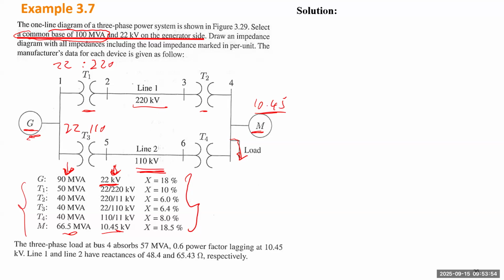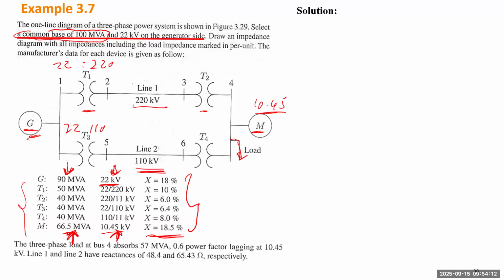Those are the per unit values calculated if you use exactly this column as power and this column as voltage, so you will have this per unit value. But right now we want to change the power base.